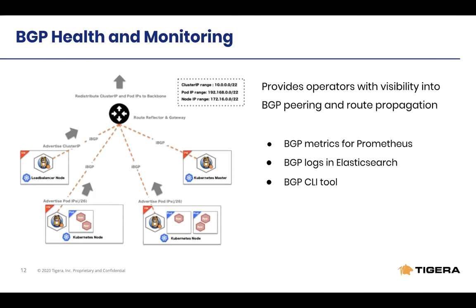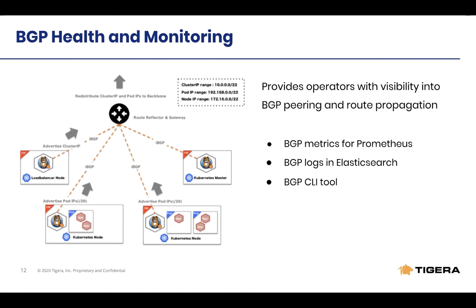This is yet another set of metrics added to that list, so that if you want to be proactive and alert on how the BGP peering and route propagation is happening within your cluster, you can easily do that.